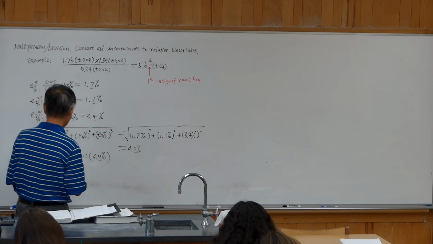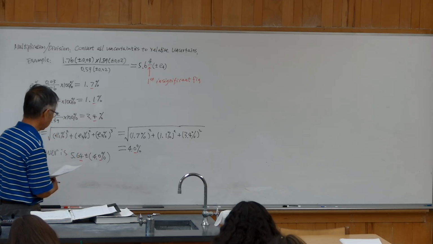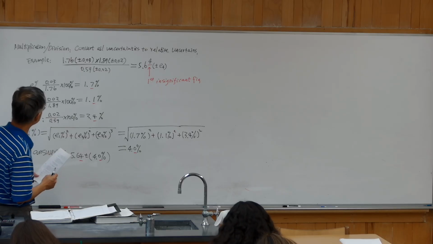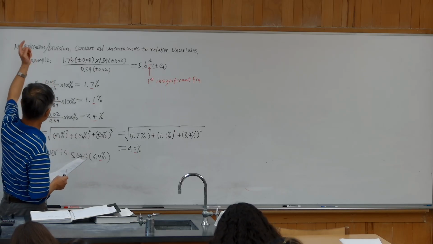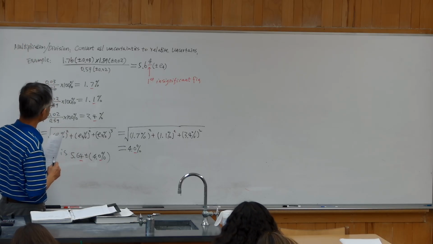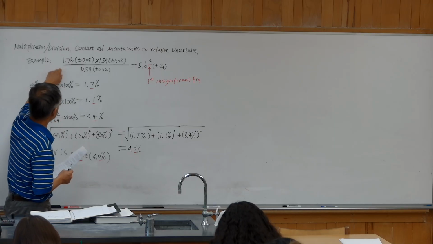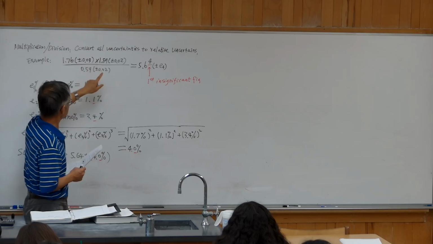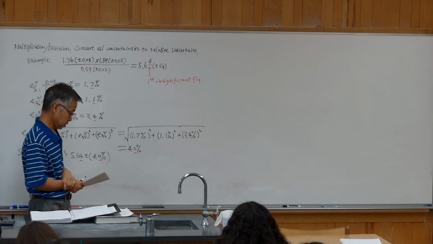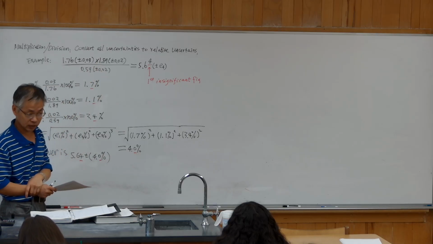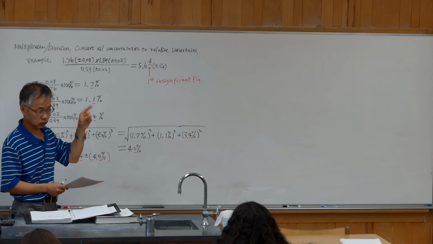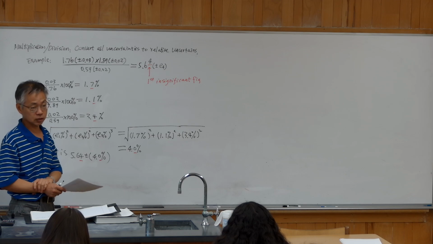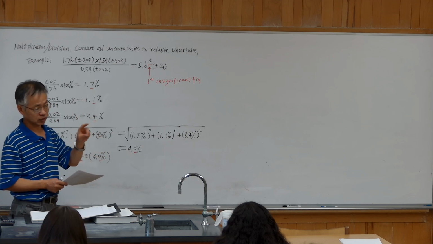Since now it is the final answer, we need to think about how many significant figures we should keep, because initially this operation gave us this number times this number divided by this number, right? How many significant figures should the answer keep? For division and multiplication, the answer is in significant figures, right? Addition and subtraction is digits to the right of the decimal place.